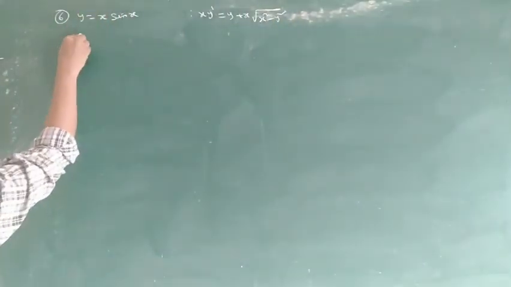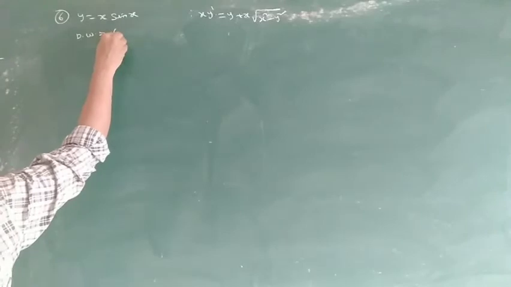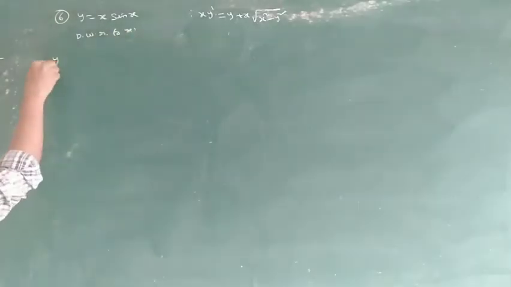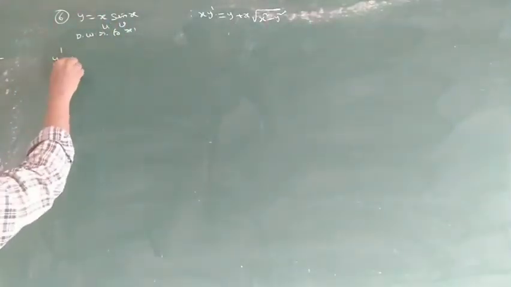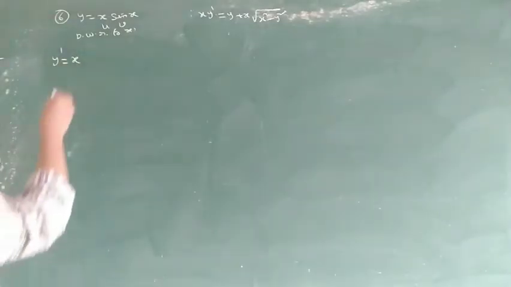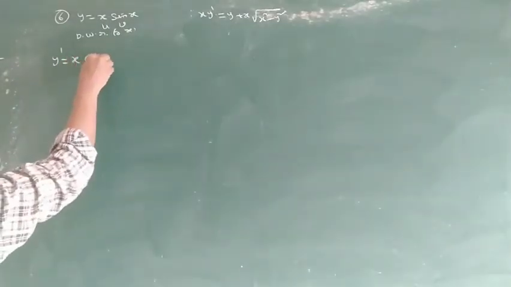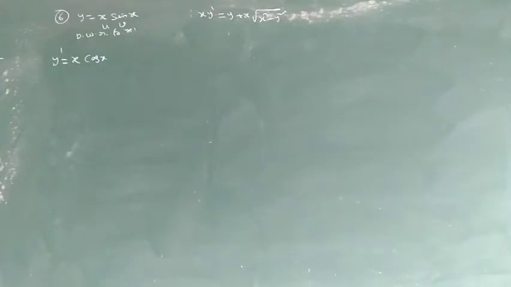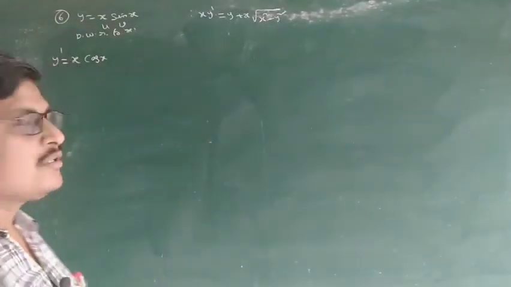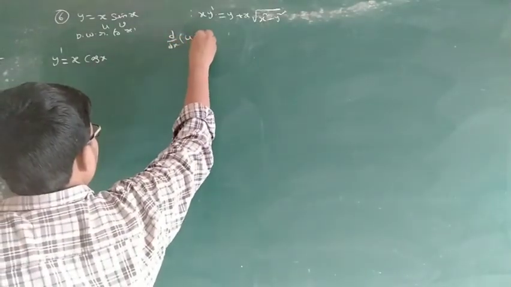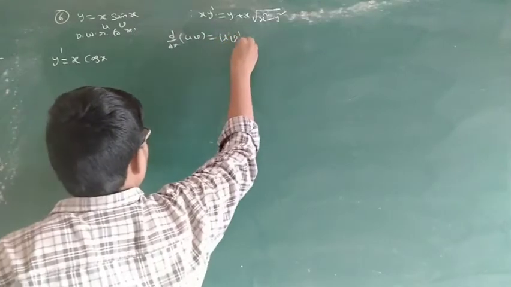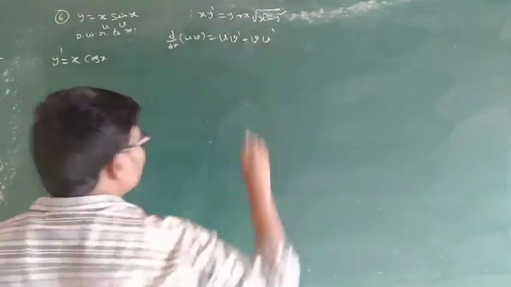So differentiate with respect to x. Y dash, using the u into v formula, x into sin x: dy dx of u into v is equal to u into v dash plus v into u dash.